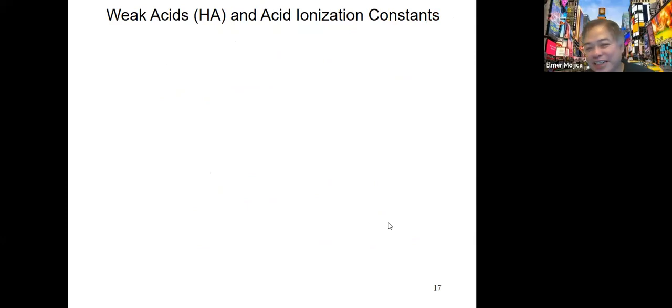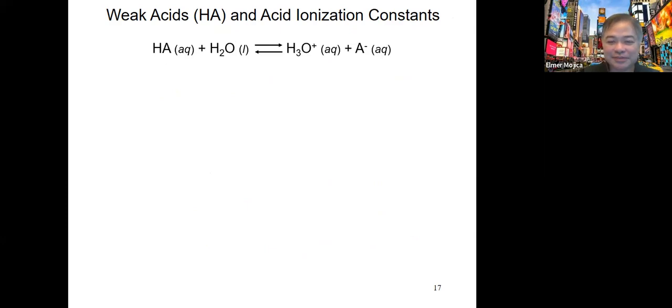Eto, punta tayo sa complicated. Why is it complicated? Because it doesn't undergo 100% dissociation. So kung ano yung initial concentration, hindi yun yung concentration ng H+. Okay? So what you do is, usually, if you have a weak acid, meron kayong tinatawag na constant.